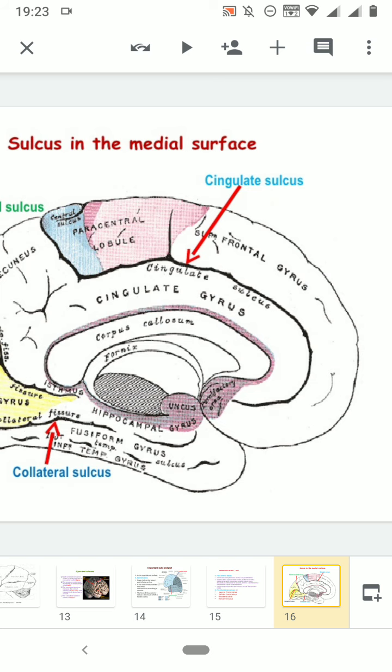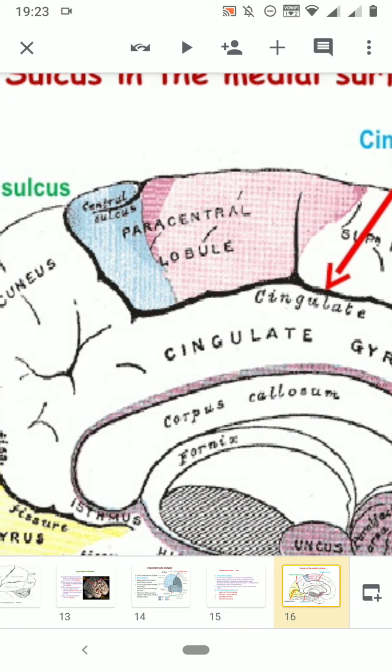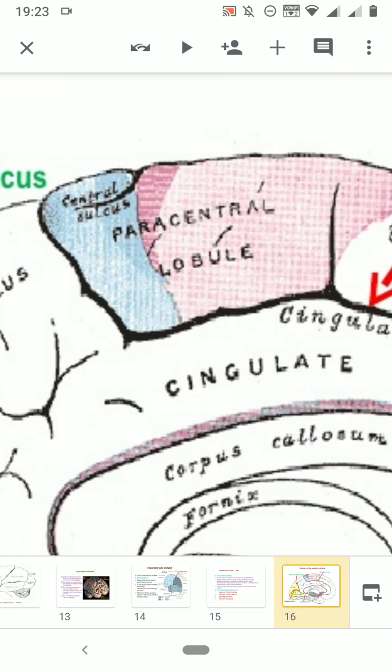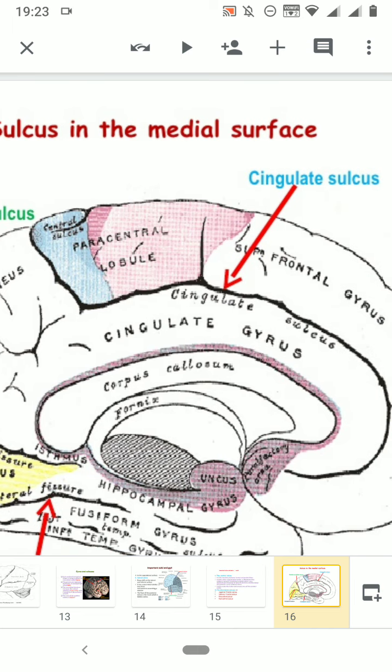You can see the starting of the central sulcus from this medial surface, from this blue area. The cingulate sulcus gives an offshoot just before the central sulcus, and the area between the ending of the cingulate sulcus and this offshoot is called the paracentral lobule.